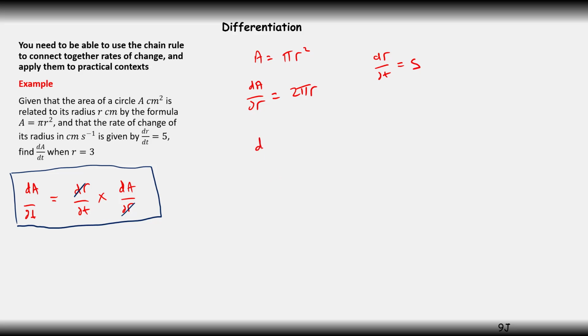So I can find my rate of change of the area, which is going to be equal to dr by dt times dA by dr, which is 5 times 2 pi r, which is equal to 10 pi r.